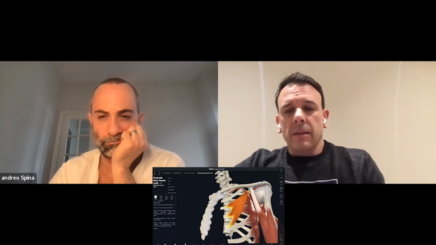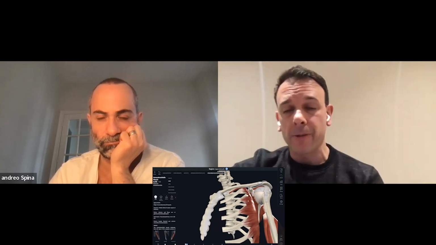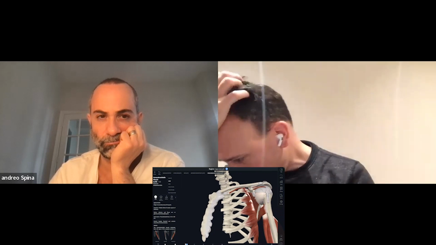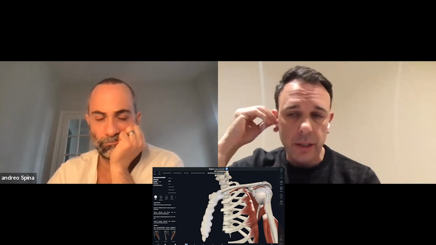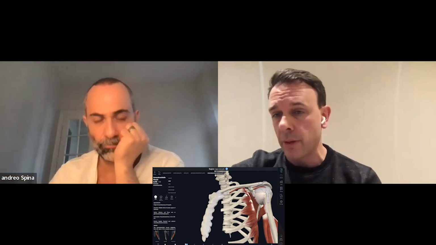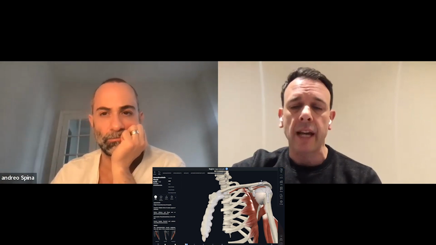If we look at the serratus, you can see the fiber orientation of the serratus. When you think of the superficial tissues around the shoulder, superficial tissues on the rib cage, this is the only one that's going to go in a different direction. And that's important. What is that direction?